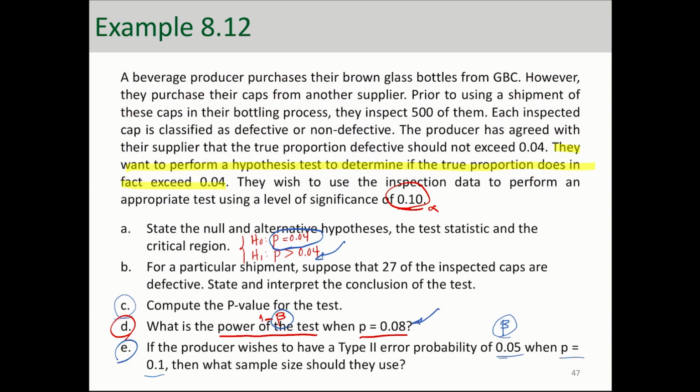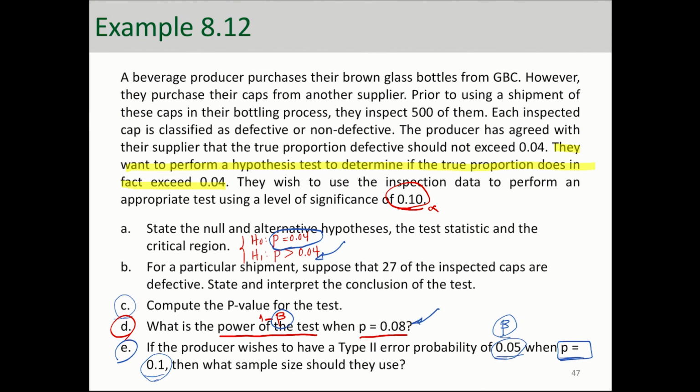But they're saying that if they want to have a larger beta, basically loosening up their test power, and they know that the true population proportion of defectives from the supplier is 10%, then what sample size do they need?